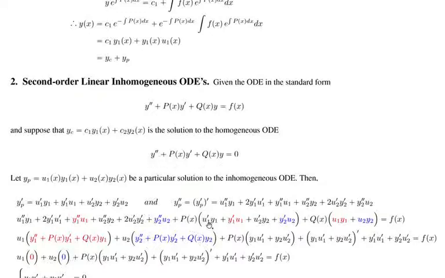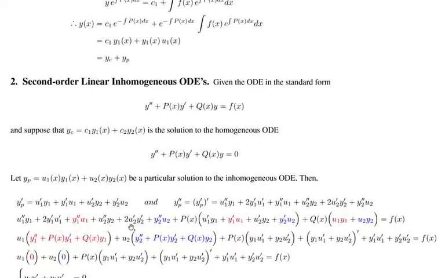We're left with two terms, so I'm going to put them in, and we're left with those four terms. Note that if I take the first term, y1 prime u1 prime, this is nothing but the derivative of u1 prime times y1.